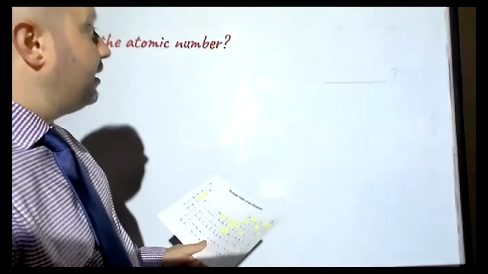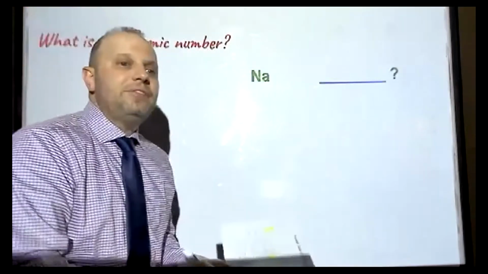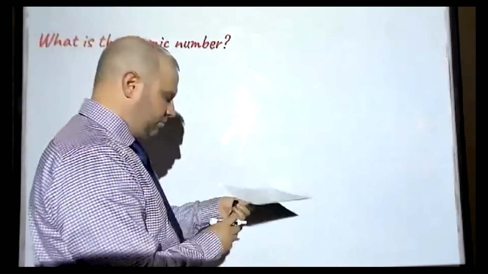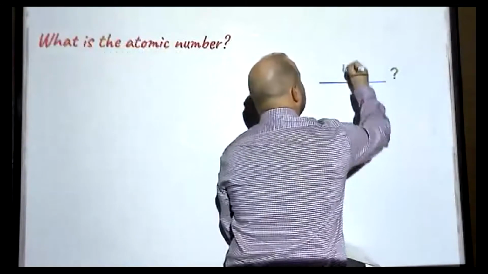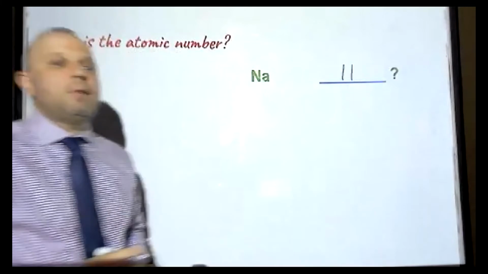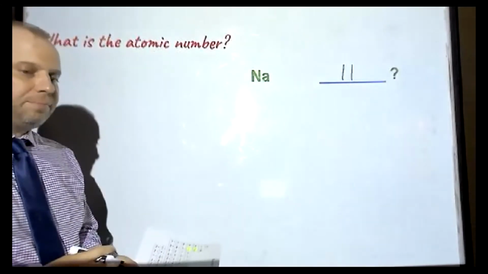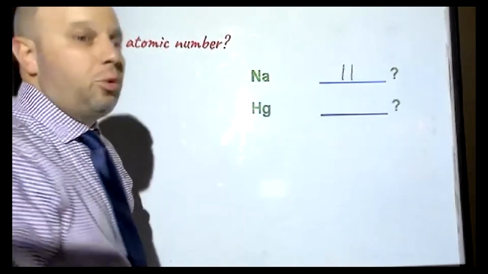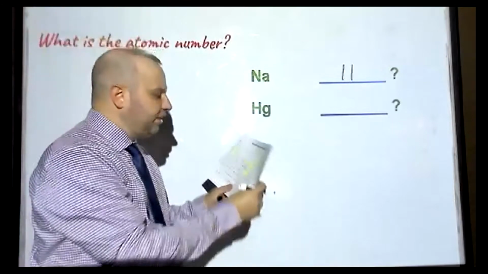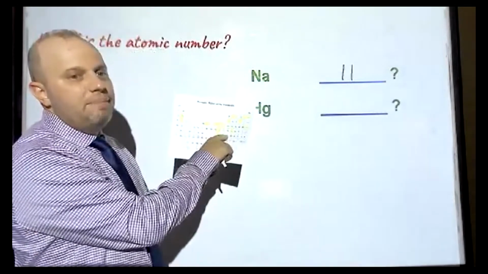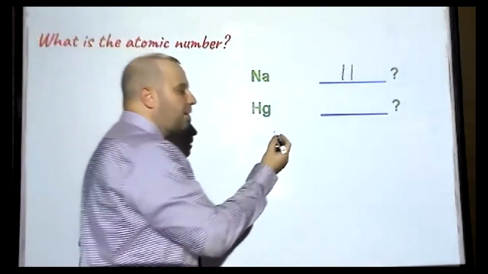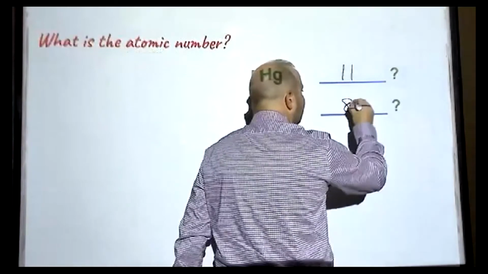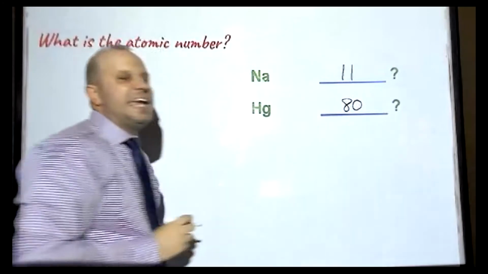And we're going to write down its atomic number, which is 11. So the atomic number for Na is 11. For the next one, Hg. Hg is kind of in the middle of the table over here. If you look up, the atomic number for Hg is 80.